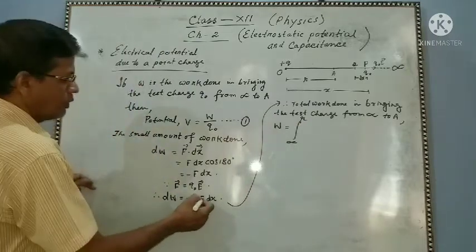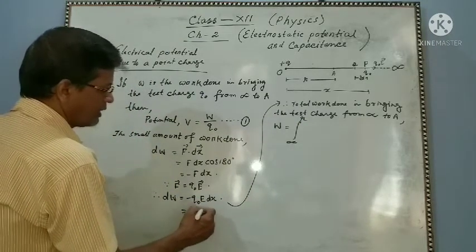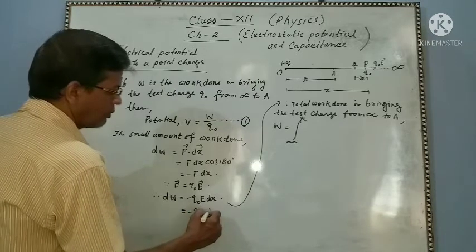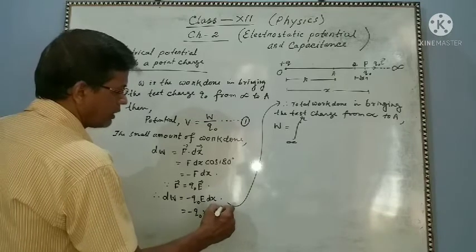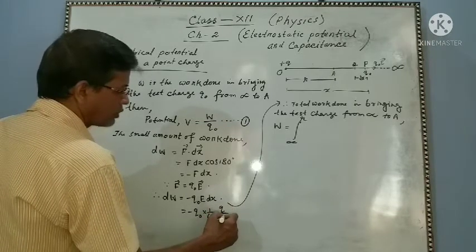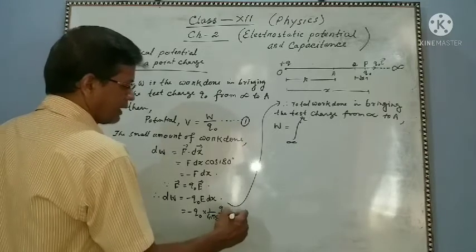Now you put the value of E. So minus Q0, E means 1 by 4 pi epsilon naught Q by x square, dx.